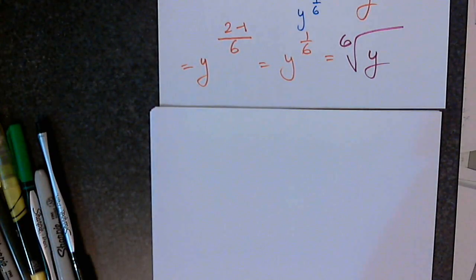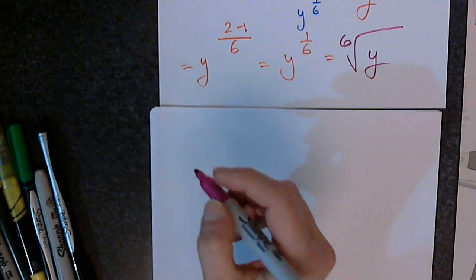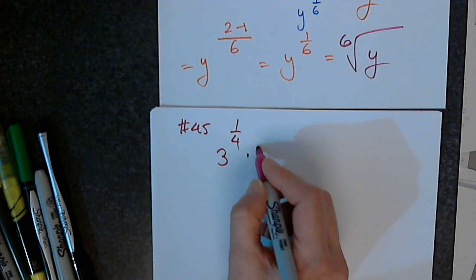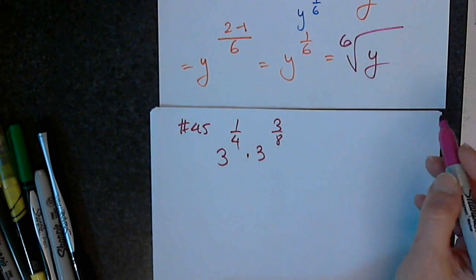Let's look at a few more. Let's say 45. 3 to 1/4 multiplied by 3 to 3/8.